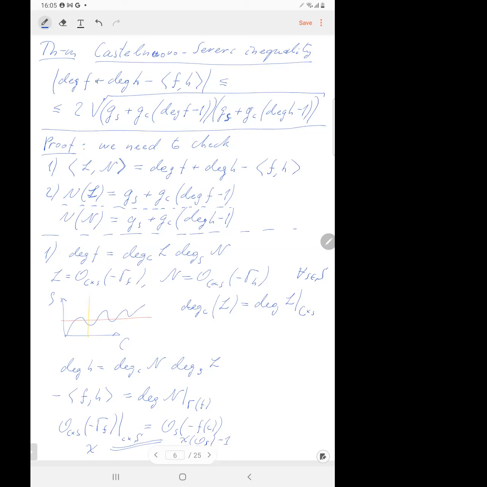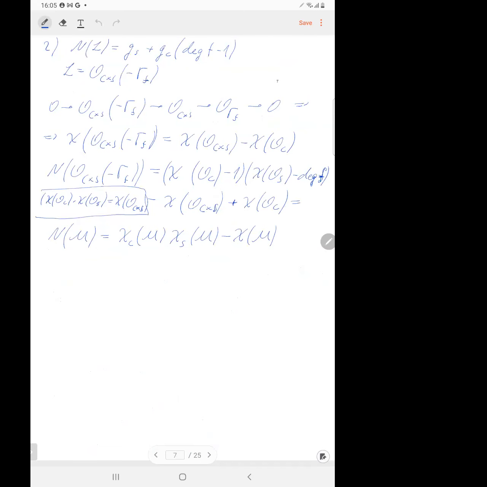Just because the degree dropped just by 1, and if we restricted it to the horizontal red fiber, then the degree would drop by the degree of F. For the same reason, and that's what we use here. So in this product of two brackets, that's what we just saw.